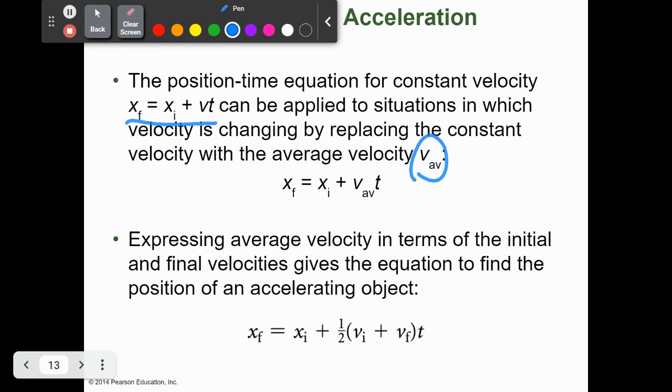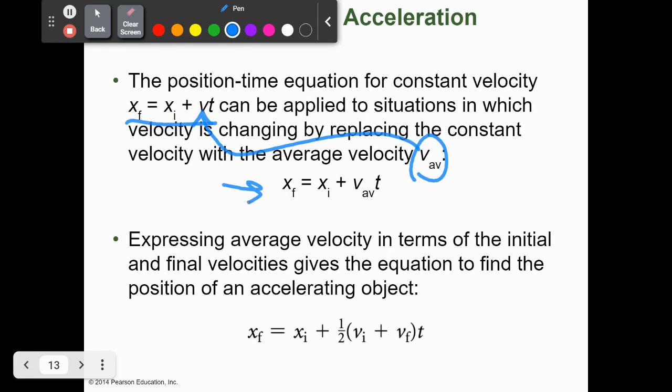So I replaced V with V average, and that gets me this equation. I can find my final position, which is equal to my initial position plus my average velocity times the time.